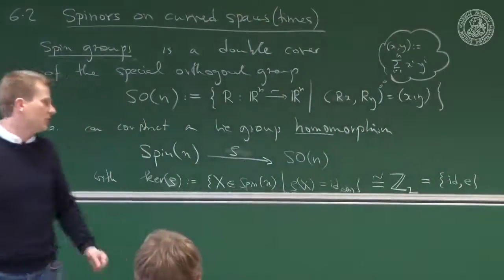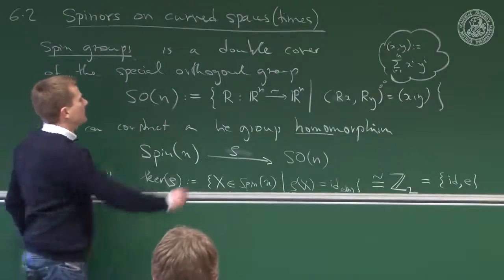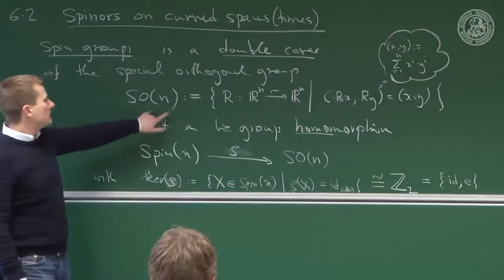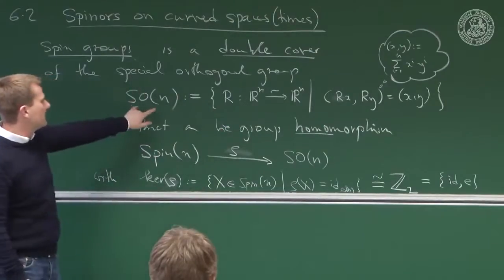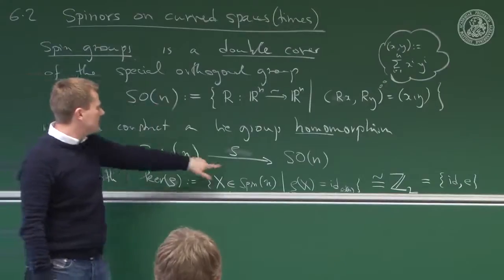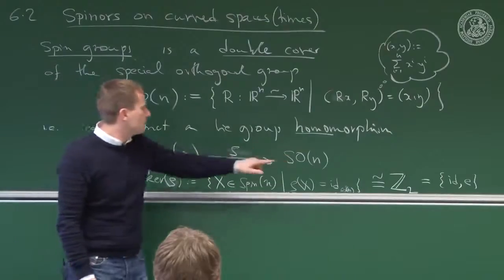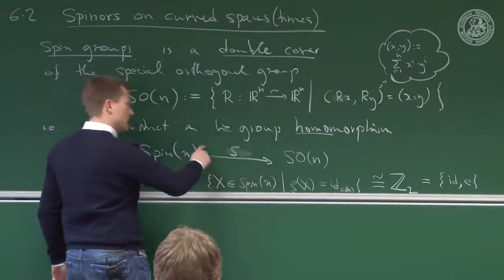That's Z2. So again, a spin group is a double cover, and this double cover in the Lie group sense simply means, in this context of SO(n), that you have a Lie group homomorphism which has a kernel with two elements. In other words, this map is 2 to 1.